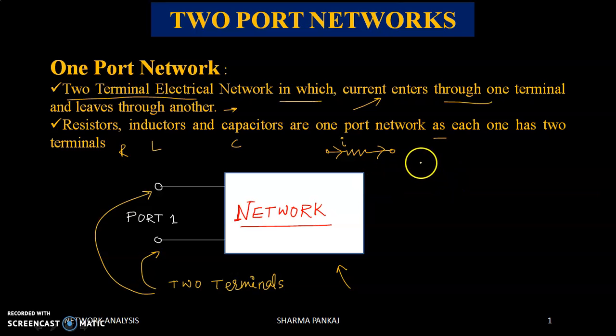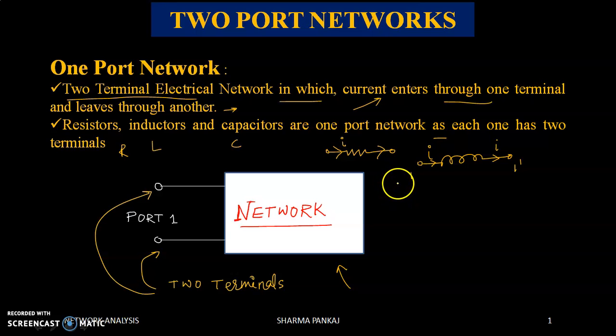Let us look towards the inductor. This is our inductor. Current entering here, current leaving here. That means what? As each one has two terminals, terminal number 1 and terminal number 2, 1 and 1 dash.